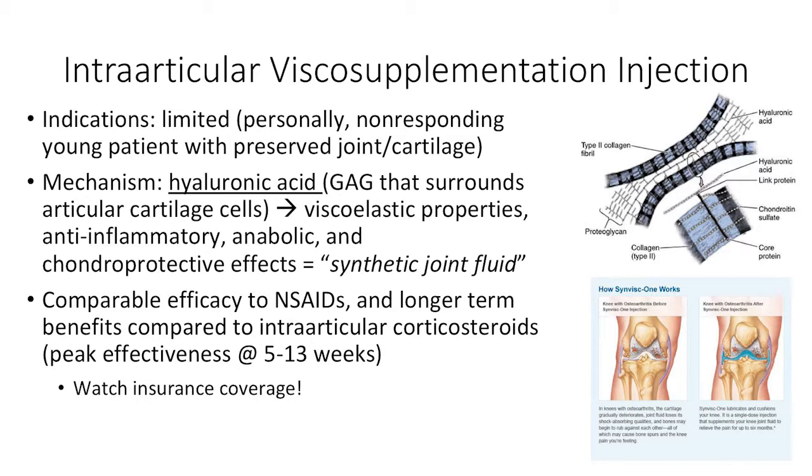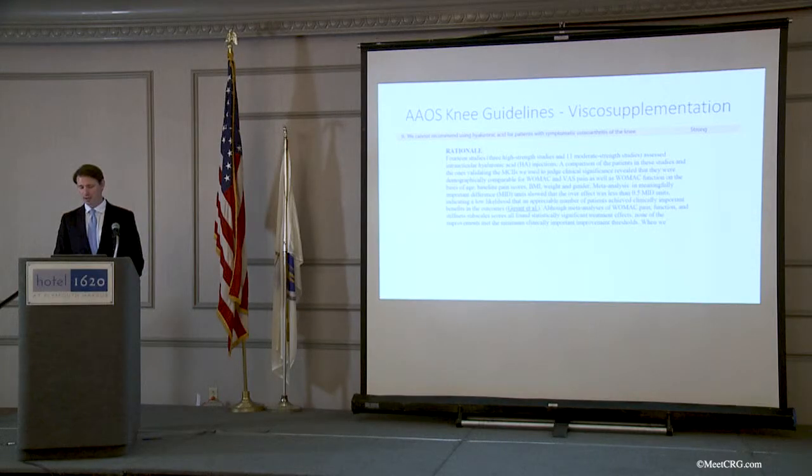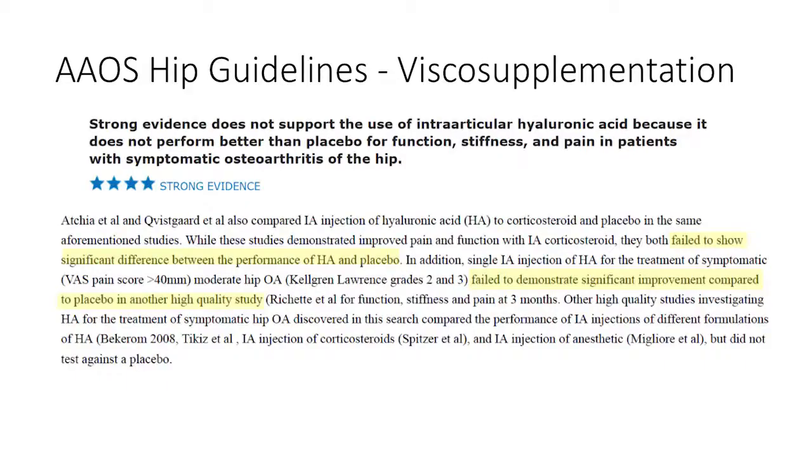This has not been borne out to provide good relief in these randomized trials, and insurances have caught on to this, and some are not paying for it. So the viscosupplementation in the knee, there's actually strong evidence that they cannot recommend it. Again, that's based upon 2013 data. There have been more studies since then on newer types of viscosupplementation. And then in the hip, again, strong evidence that it did not provide any benefit.